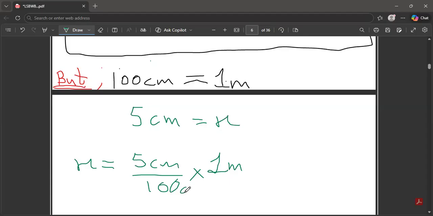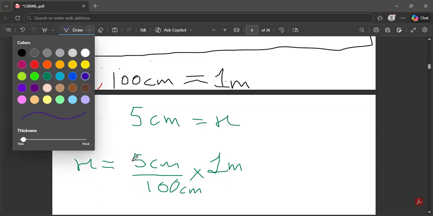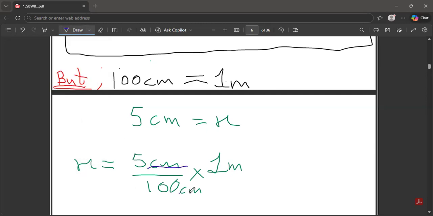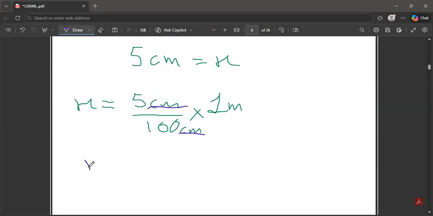Centimeter will take care of centimeters, and then we're going to be left with x is equal to 5 over 100, which is the same as 0.05.